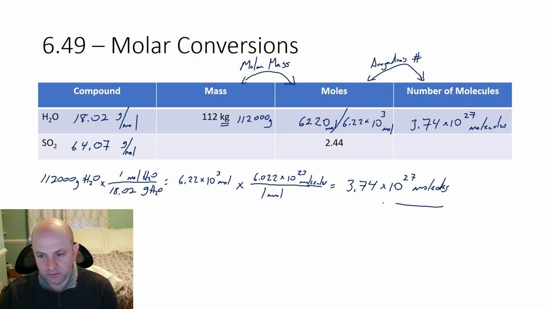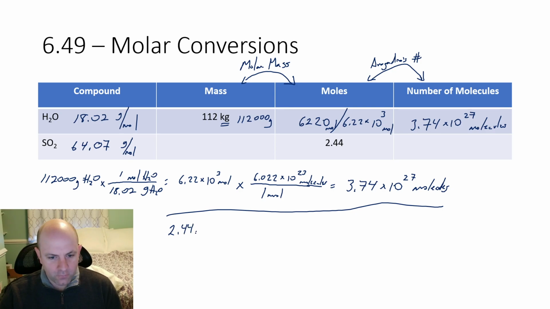So let's draw a little line here and work on the sulfur dioxide. I'll do the mass first, going to grams. So we have 2.44 moles of SO2, and then moles of SO2 on the bottom, grams of SO2 on top, and so yep, 1 mole is 64.07 because we already have that.